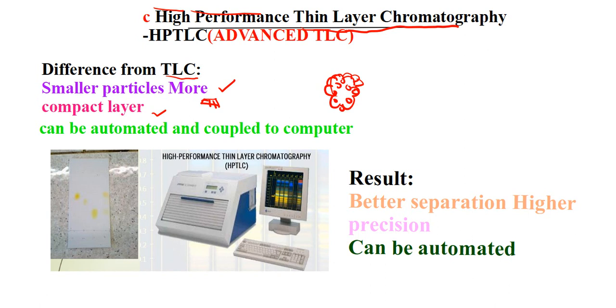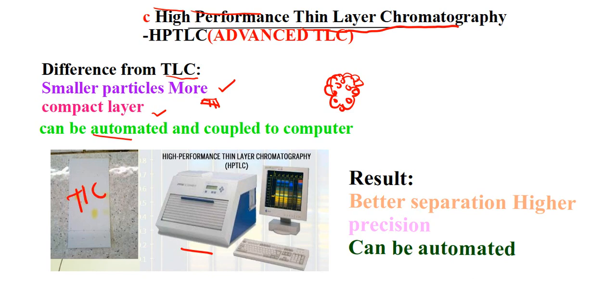So it's a bit more advanced than thin layer chromatography, where I said it uses a plate or aluminium coated with adsorbent, which is also cheap. The advantages are somehow similar. This is also somehow more expensive than that. Here we can use the computer. This is the thin layer chromatography.